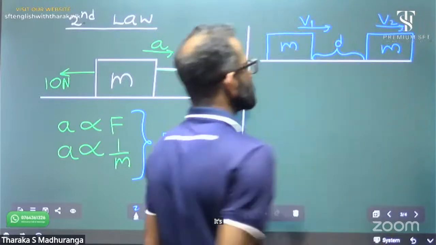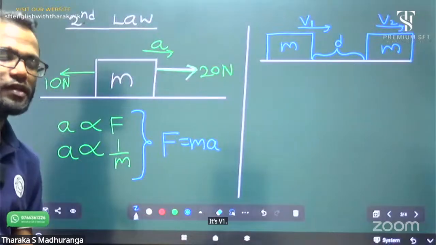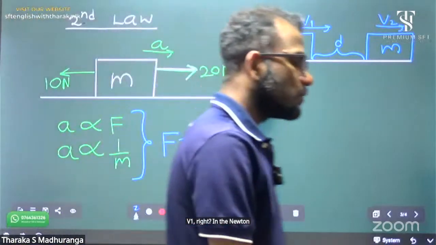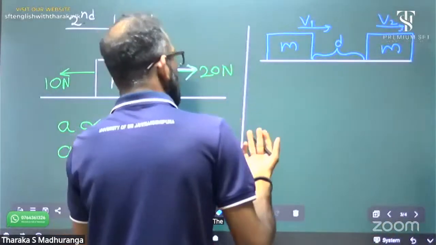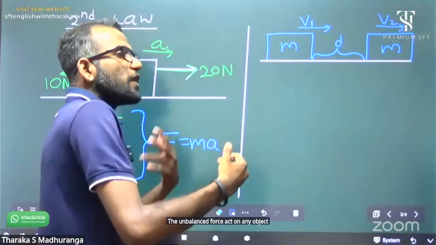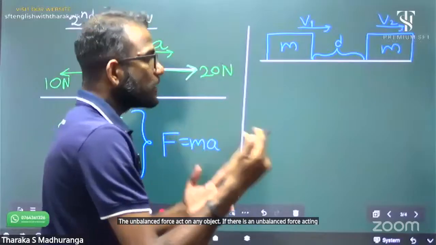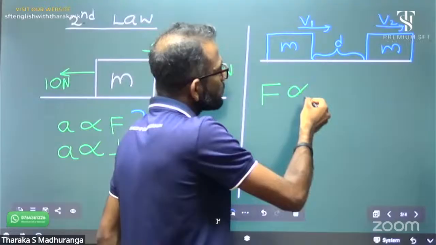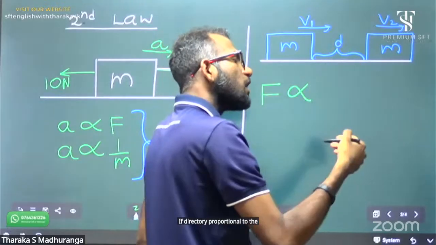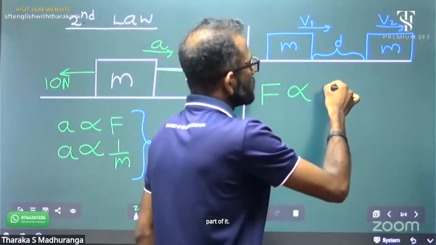In the momentum-based method, Newton explained that if there is an unbalanced force acting on any object, this unbalanced force is directly proportional to the momentum change rate.